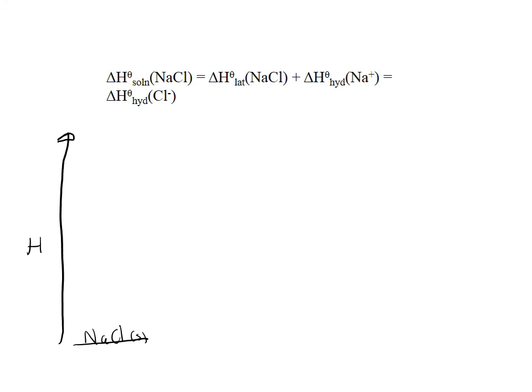We have already gone through and calculated what it takes to turn sodium chloride into sodium ion gas and chloride ion gas, right? So we already have that value. And so we have our delta H lattice. And we calculated that before, and we came out with 790 kilojoules per mole, right? Okay.